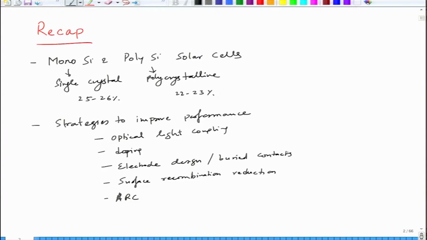So, these are certain strategies which are used to improve the quality of both polycrystalline and monocrystalline silicon solar cells. The way it is done in the two solar cells may be slightly different, but they are by and large similar.